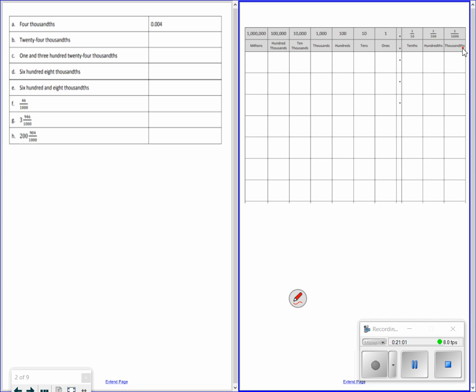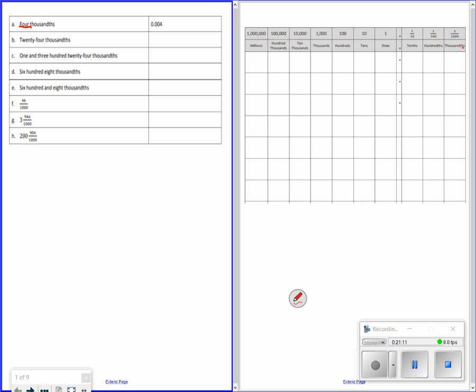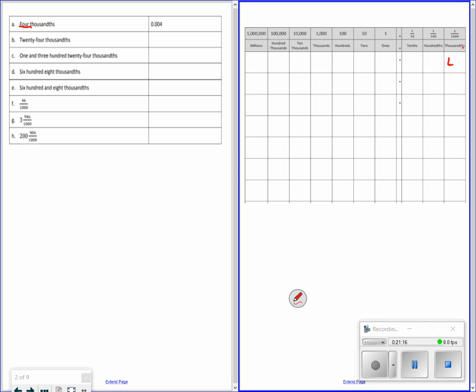So 4 thousandths, right there. That tells me the 4 is in the thousandths place. So I need to put the 4 in the thousandths place on my place value chart.